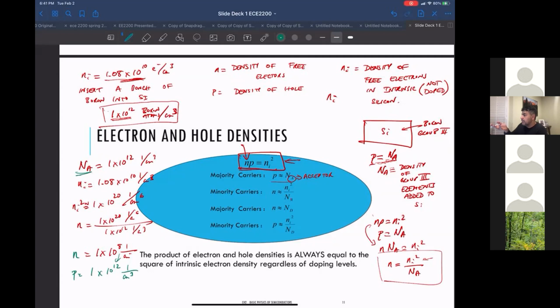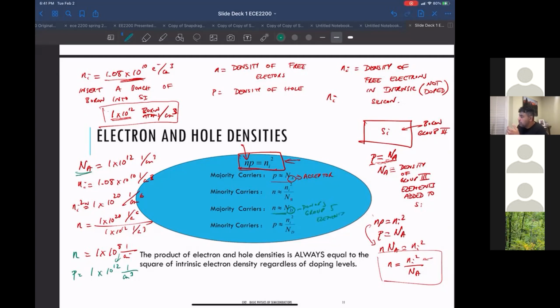And you can do it the other way too. If you added a bunch of phosphorus, for example, those are called donors, and those are group 5 elements.